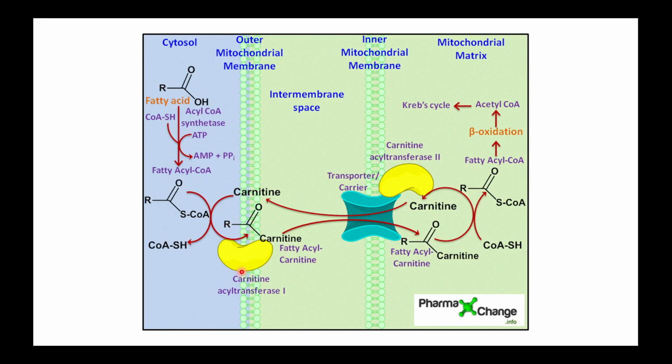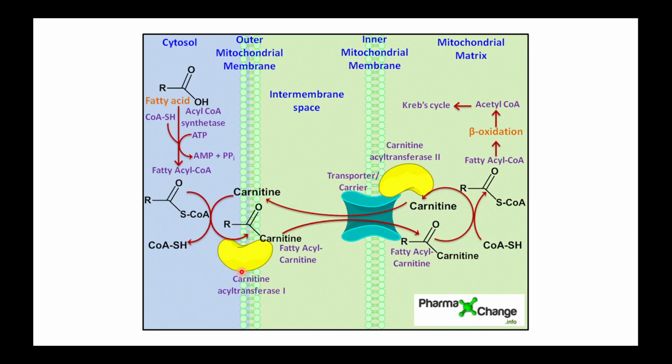This fatty acyl carnitine can be transported through the inner mitochondrial membrane by another protein called translocase. It's a transporter protein. This translocase has the ability to transport the fatty acyl carnitine to the other side of the membrane, that is the mitochondrial matrix.